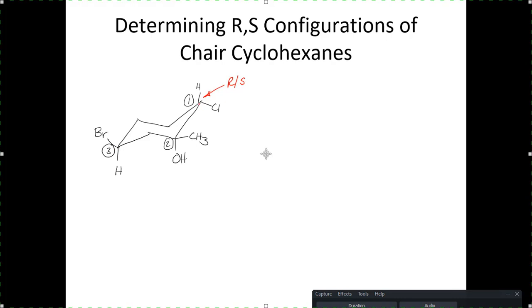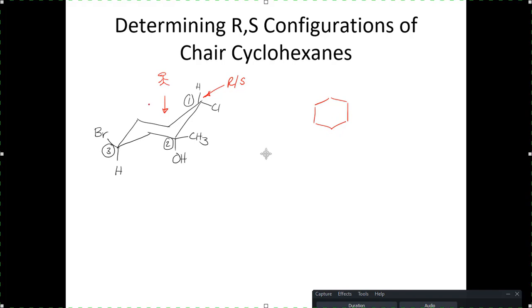So first of all, using the chair conformation is probably not the best way of doing this. What I like to do is look at the molecule from the top looking down. And if I do that, then I'm going to turn my chair into what I call a flat cyclohexane.